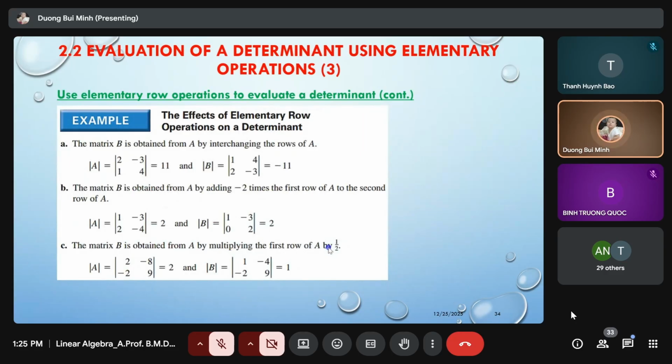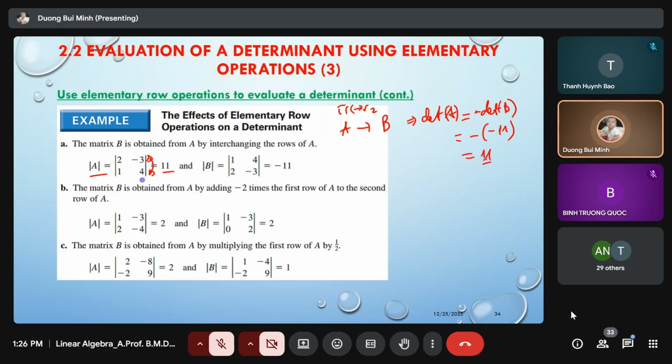Okay. So we have A, you get B. We do what? We interchange R1 and R2. So we have the determinant of A is minus the determinant of B. Okay, so the determinant of B is minus 11, so minus 11 gives you the determinant of A. So the determinant of A is 11.